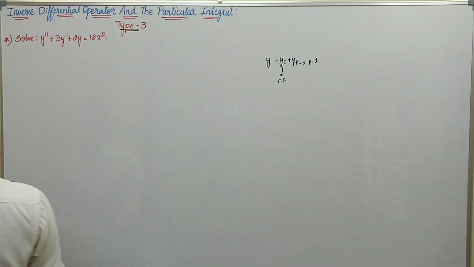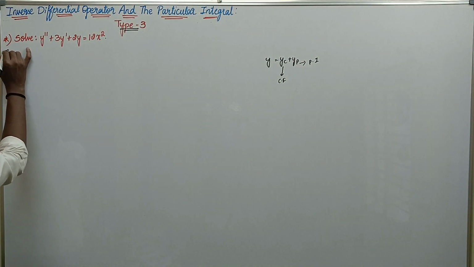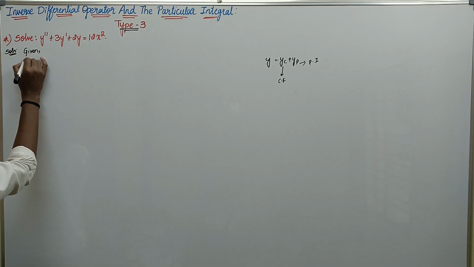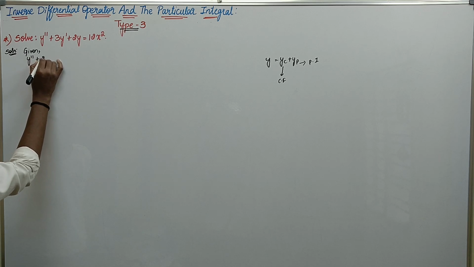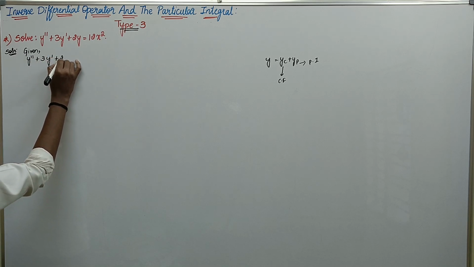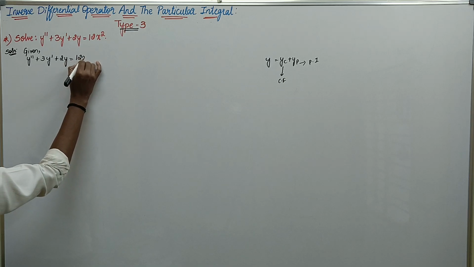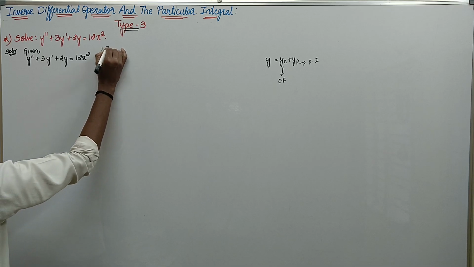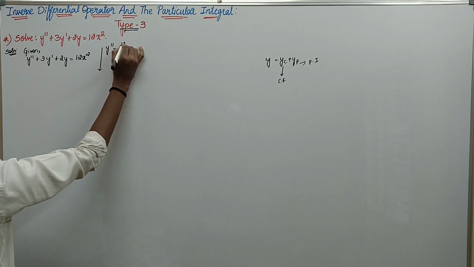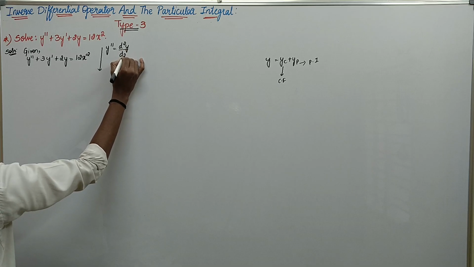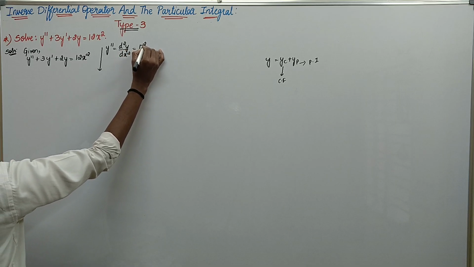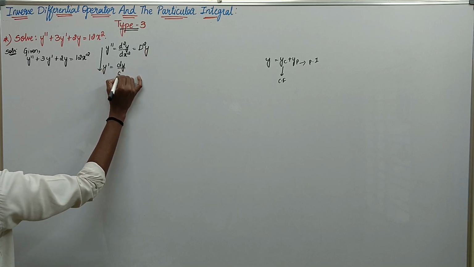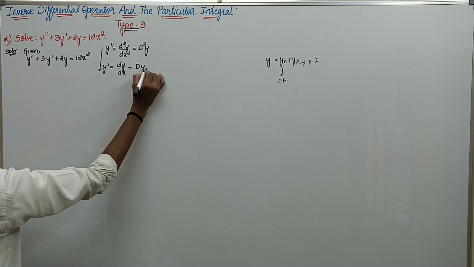First, let us represent the given equation: y double dash plus 3y dash plus 2y equal to 12x square. Now y double dash we can represent as d square y by dx square, which is d square y, and y dash as dy by dx, which is dy.